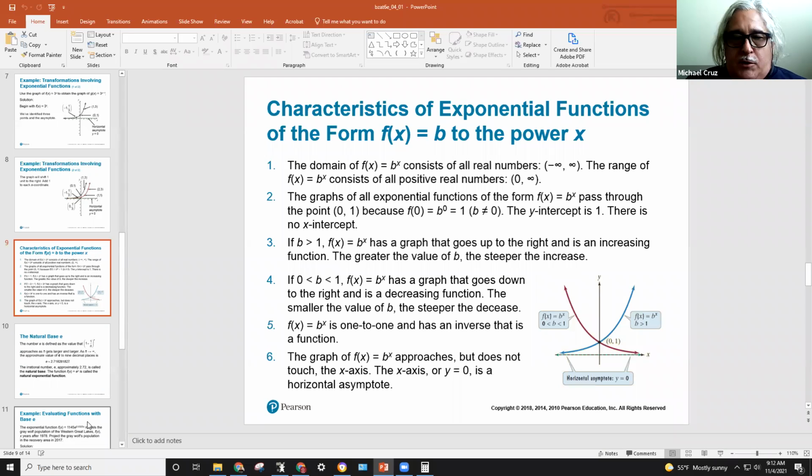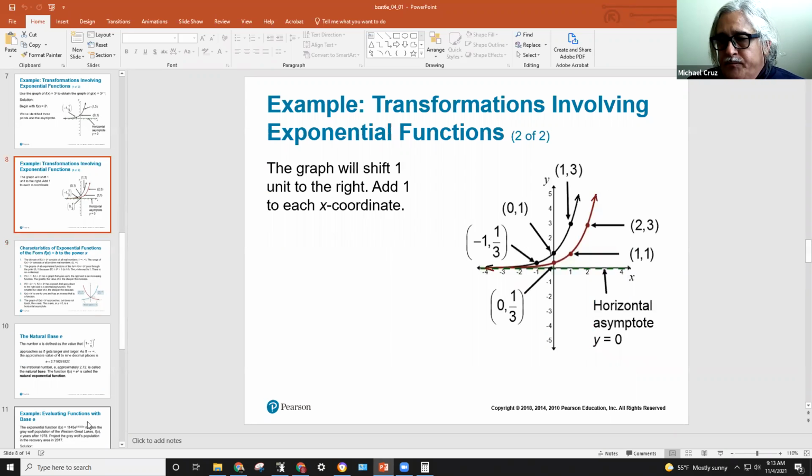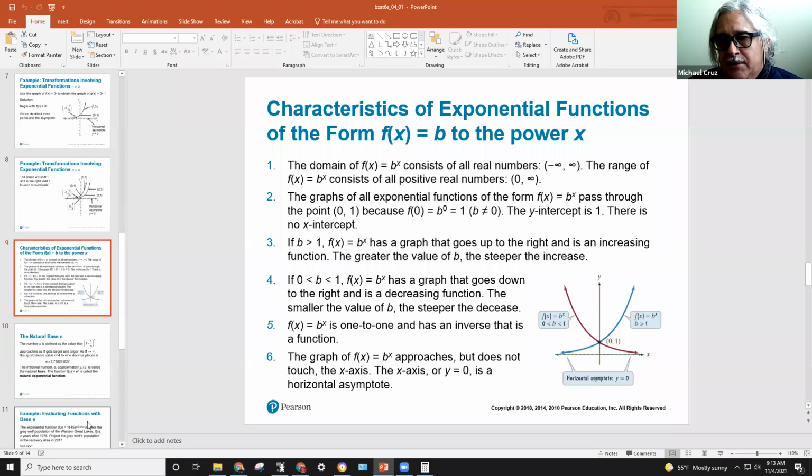Now, one of the most important things is the domain. This is just telling you what I was telling you here. The domain is always going to be, and this is true for just about every function, when I say function, I mean that it's actually a function and not just a relation, that the domain is always negative infinity to infinity, because you're looking at only the x-axis.